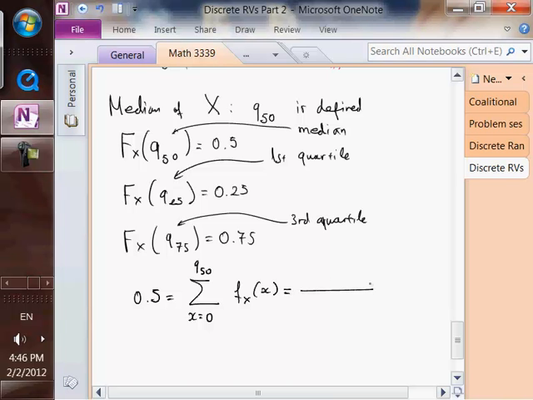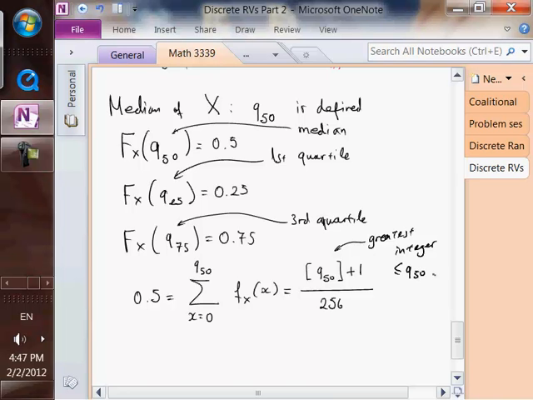So what that is, well, this is the integer value of Q50 plus 1 divided by 256. So this number is the greatest integer less than or equal to Q50.